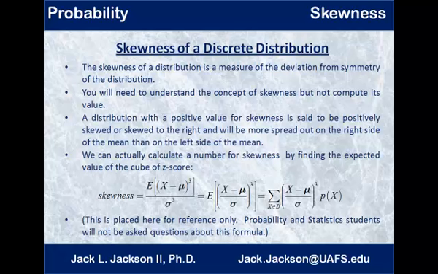But just know that there is some formula there, and it is another application of the more general idea of expected value of a function. So that gives us several different characteristics, several different parameters that we might look at for a distribution.